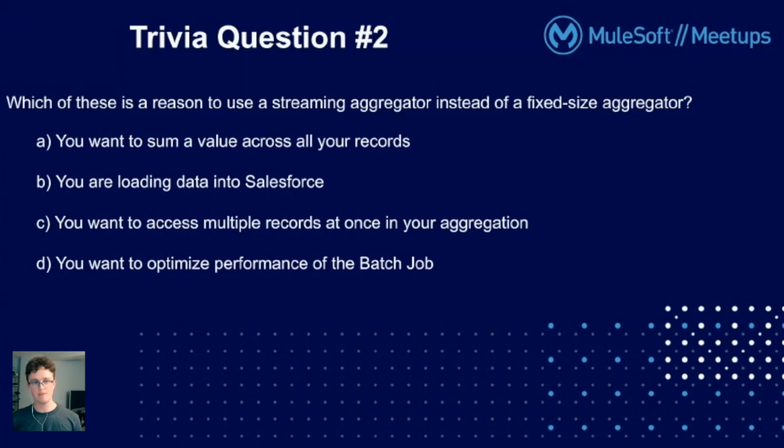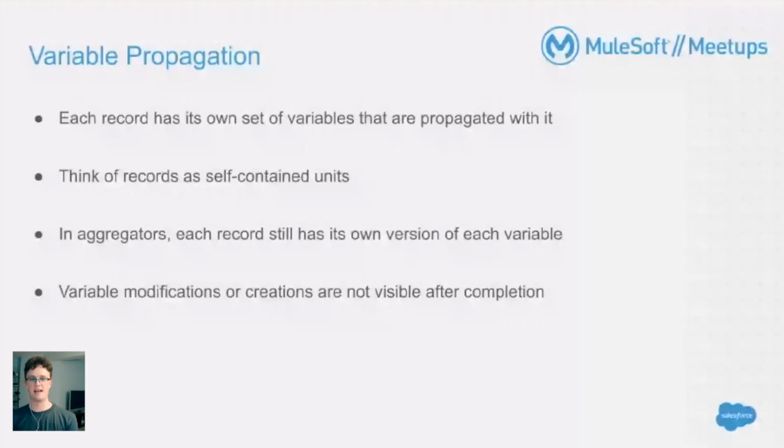The way variables work is that each record has its own set of variables that are propagated with it. So it has the data on what step it's in, what errors it has run into so far. It's got the payload itself, that record, and then it also has the set of variables associated with it. So if you create variables before starting the batch job, each record is going to get its own instance of those variables.